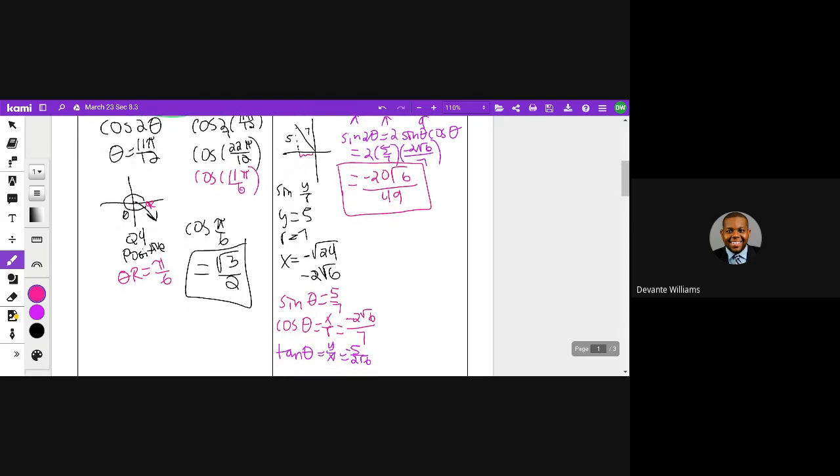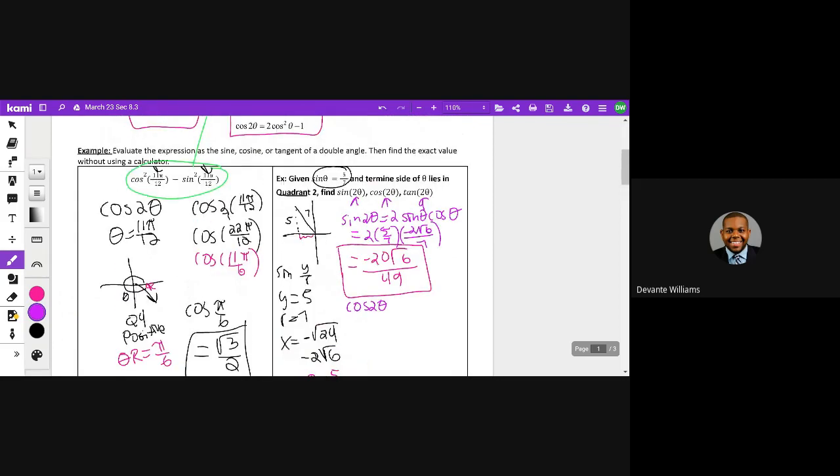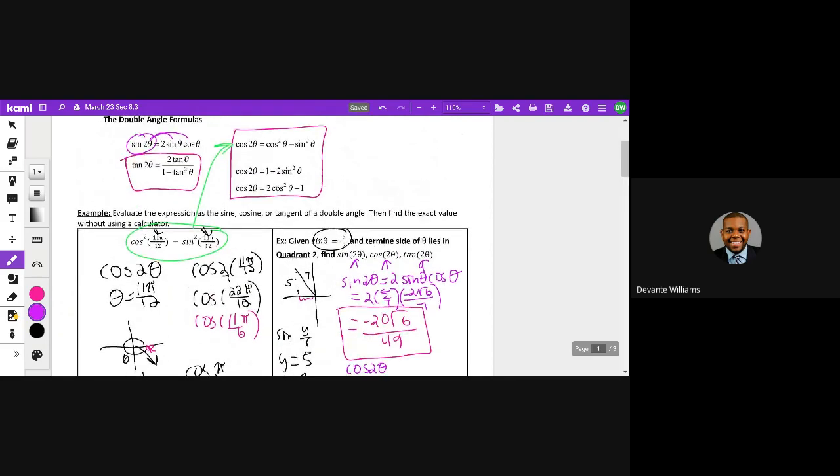Now we're going to find the cosine of 2 theta. Look at our formulas here. We got 3 to choose from. Which one is easier? Right here, that's the easiest one to use, because we already got the sine.